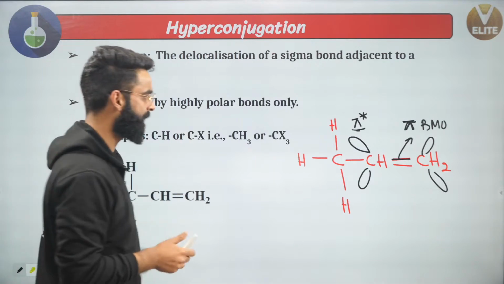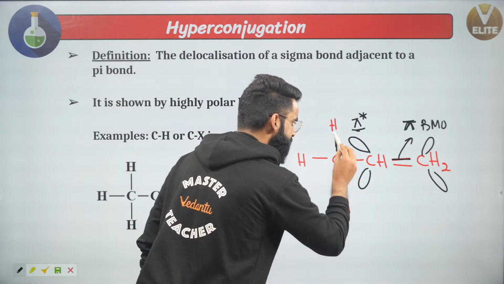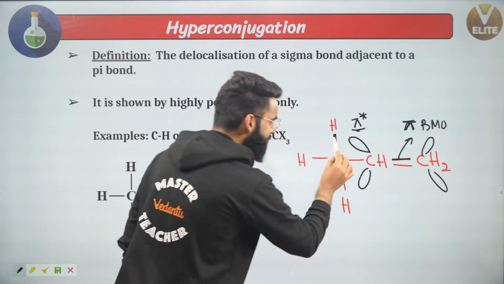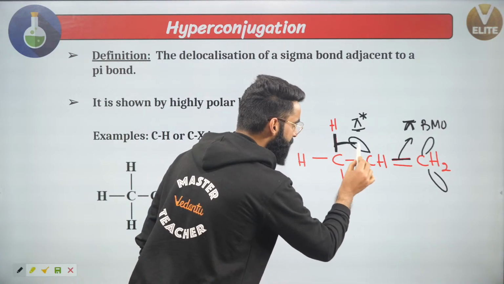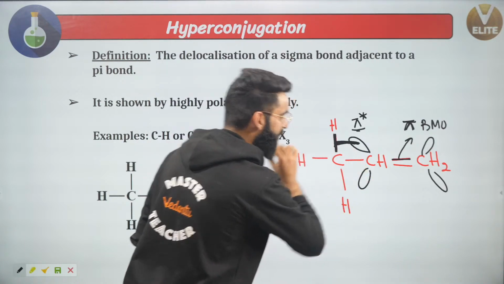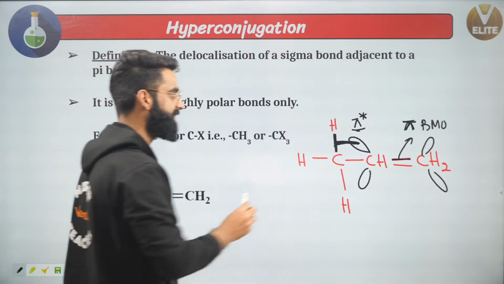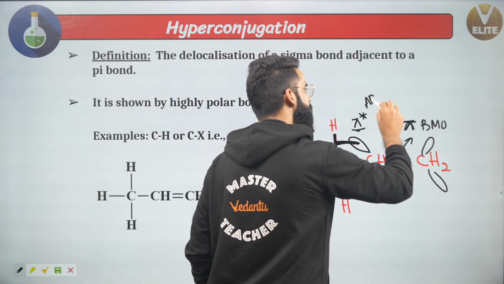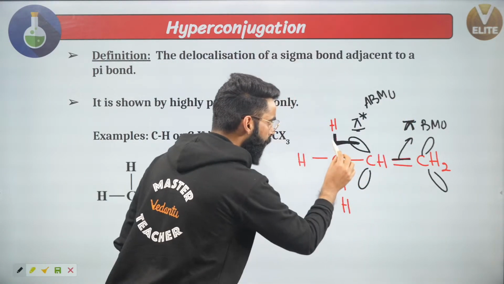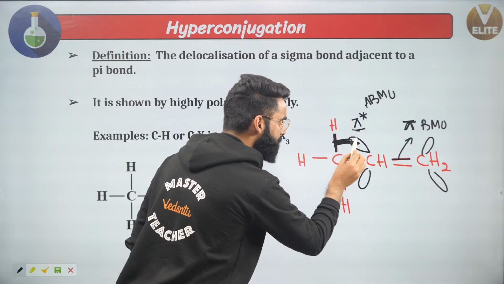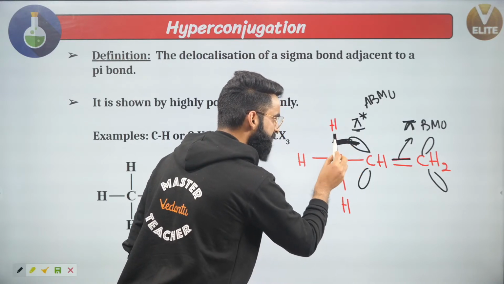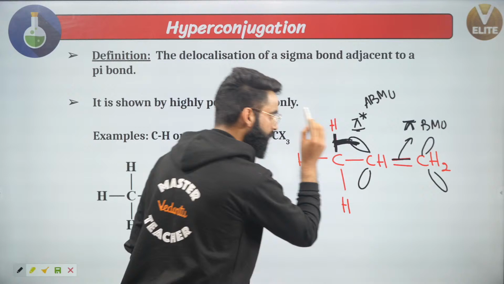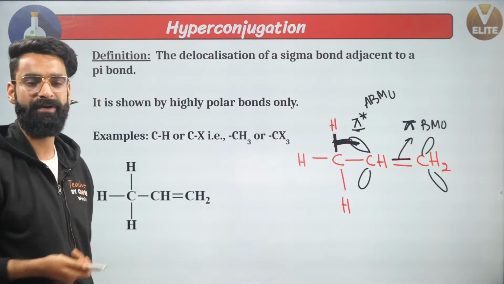Now guys, understand. See, this is the sigma bond between carbon and hydrogen. Can I say this sigma bond can show overlap with this vacant pi star anti-bonding molecular orbital? This overlap between sigma and the anti-bonding pi molecular orbital is something I can call hyperconjugation as well.